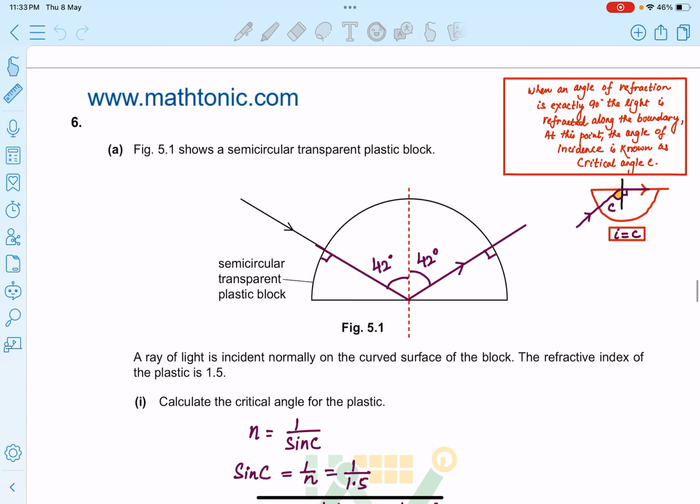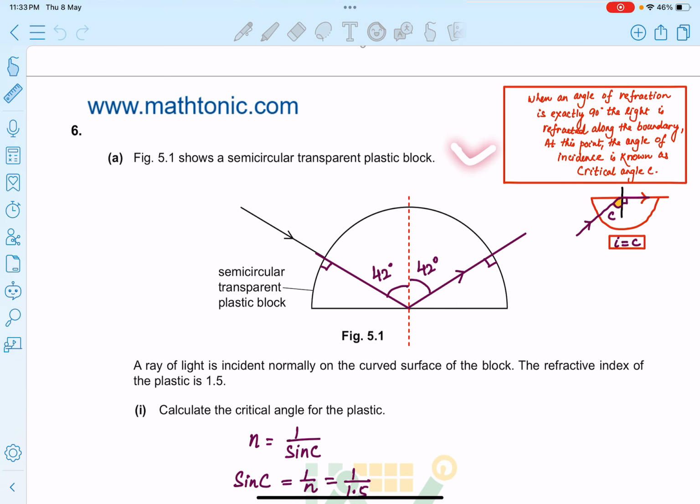If I ask you what the critical angle is, I have already written the note here. Again, please read the notes, because if the question changes, you can understand what kind of answer you have to give. Listen, here we have a block. When the angle of refraction is exactly 90 degrees, the light is refracted along the boundary.